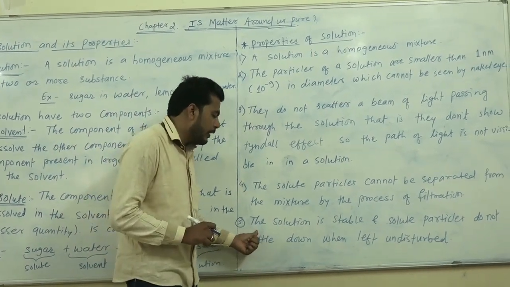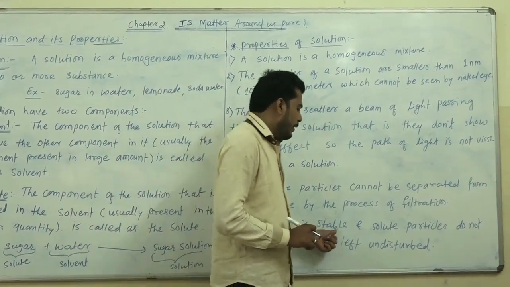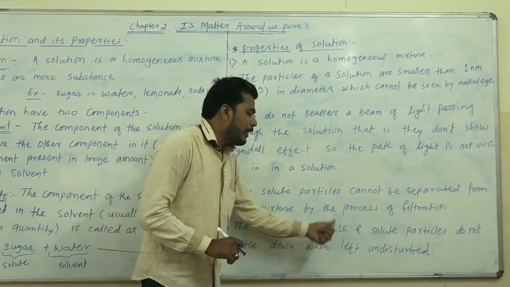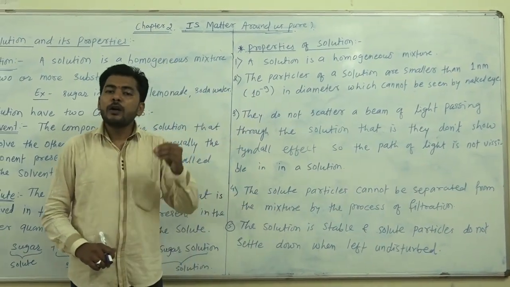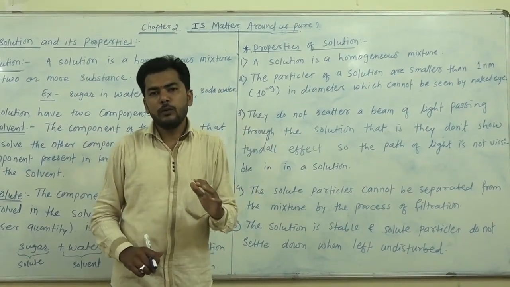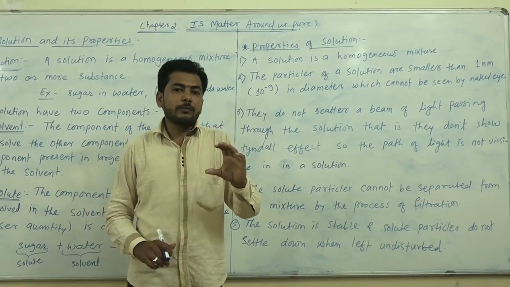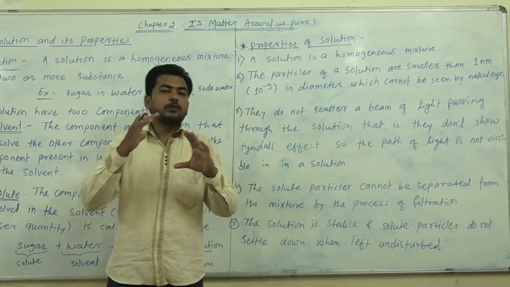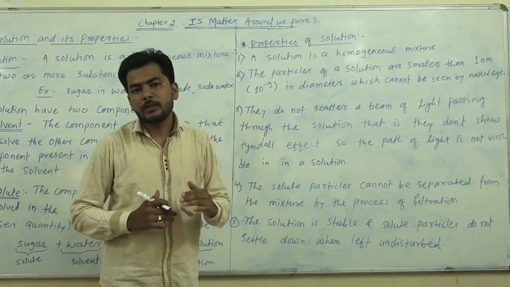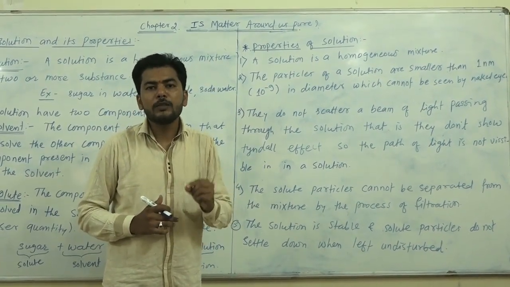And the last property: the solution is stable and solute particles do not settle down when left undisturbed. When we keep that solution undisturbed for a long time or a short time, the particles will not settle at the bottom. These are the properties of the solution.